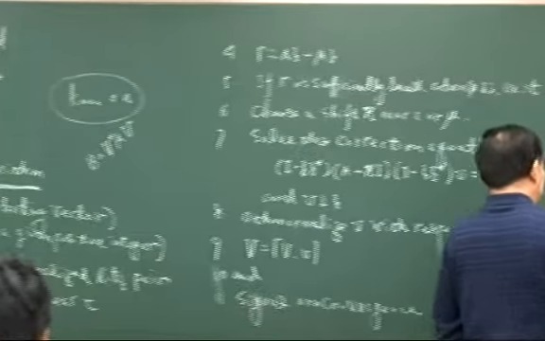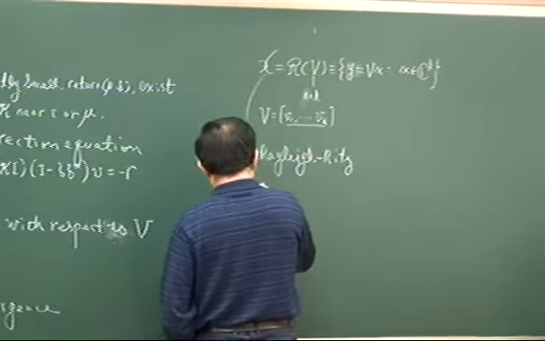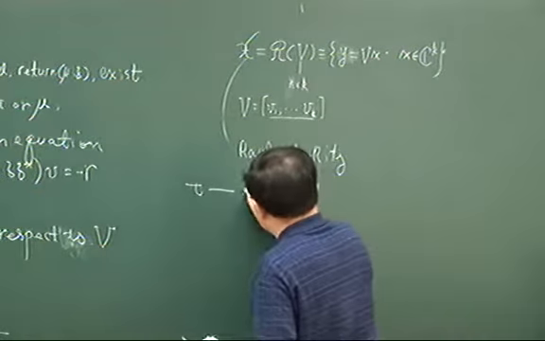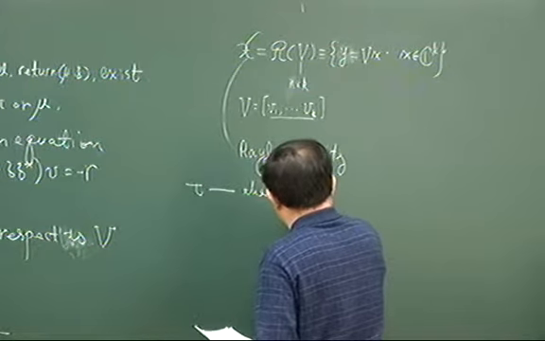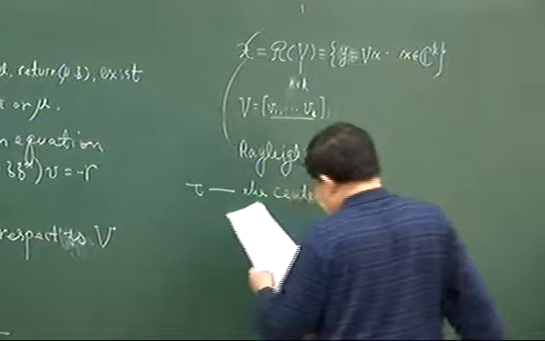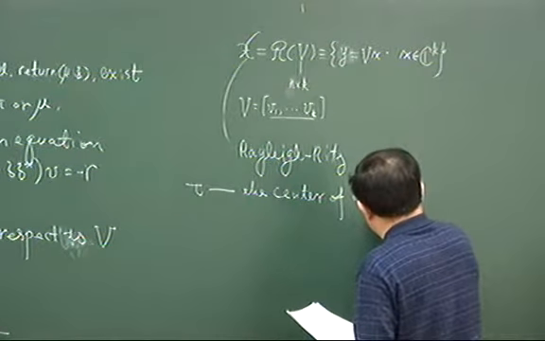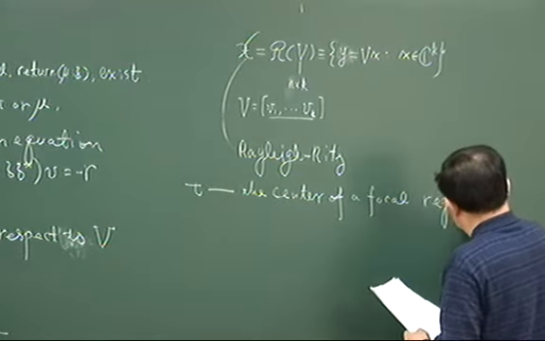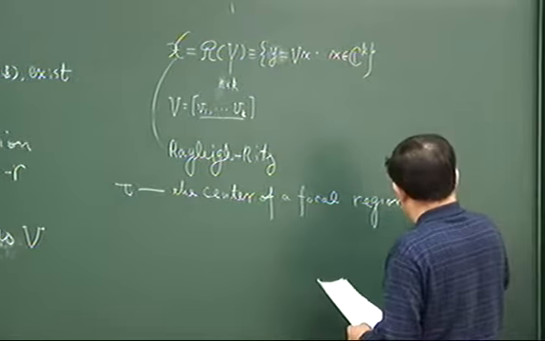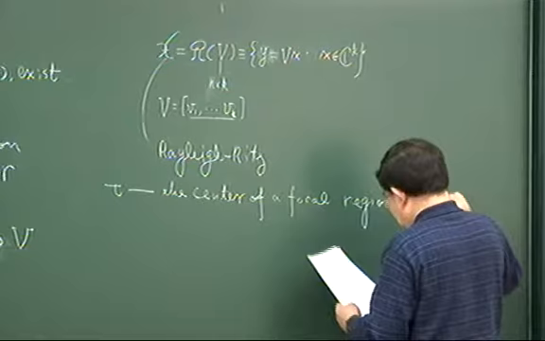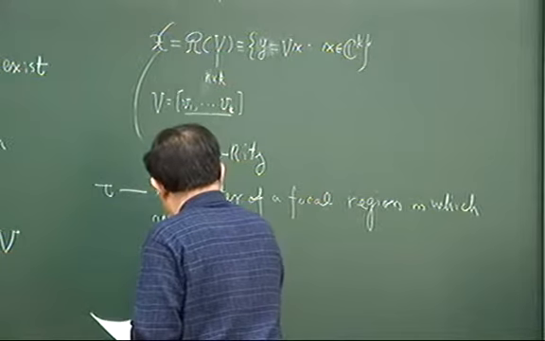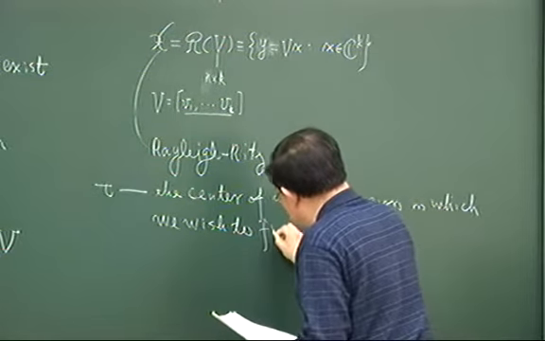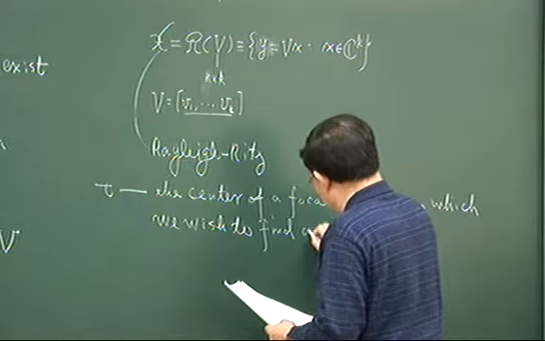The tau is a given number, the center of a focal region in which we wish to find the eigenpair.